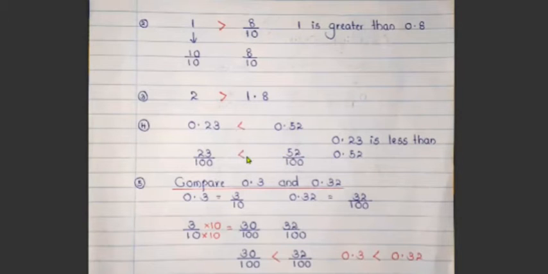Then you have to consider the numerator. Here 23, here 52. Which is greater? 52 is greater. Right. How do you write this? 0.23 is less than 0.52. Right? Okay.